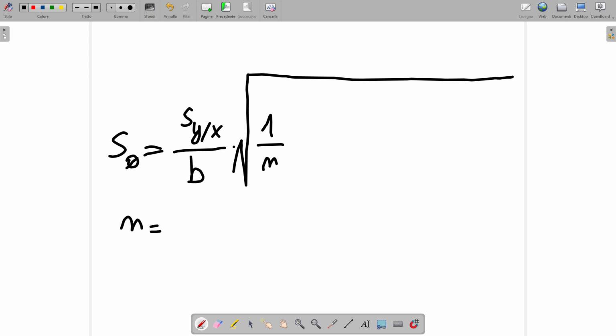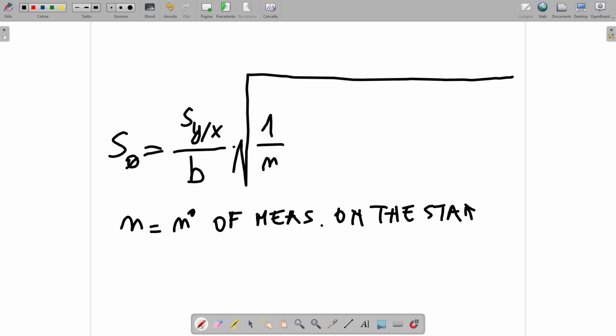N is the number of measurements on the standard sample. That is the number of times that we have measured the area for a standard.